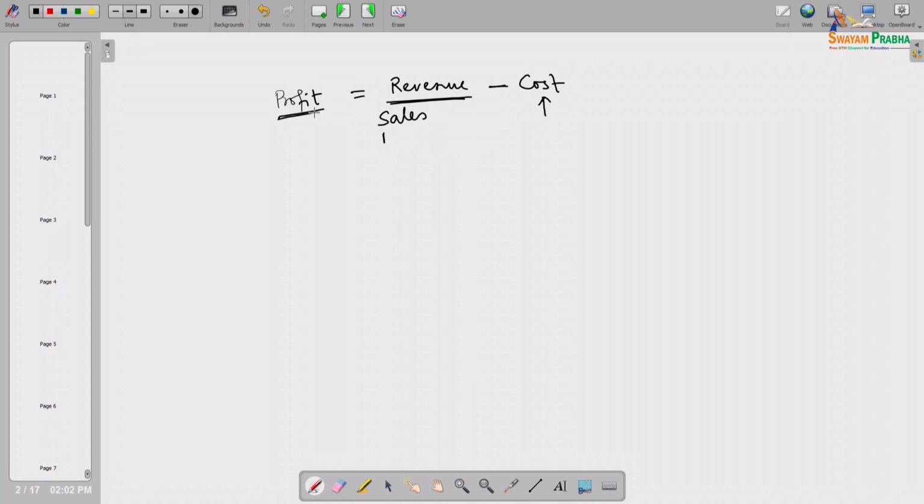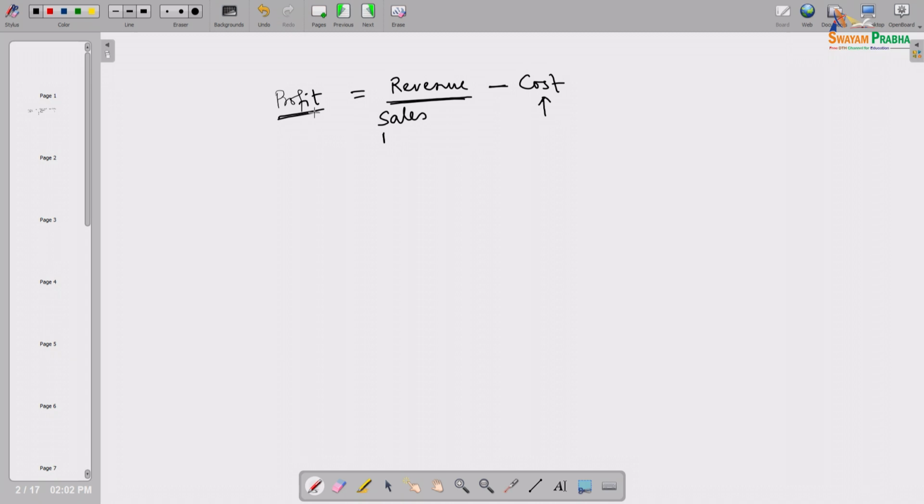So, I am the entrepreneur running this business, what will be my target? Definitely my target is to make this profit as much as possible. So, maximizing profit is the optimum decision of an entrepreneur or an organization or a firm. It will always try to maximize its profit.